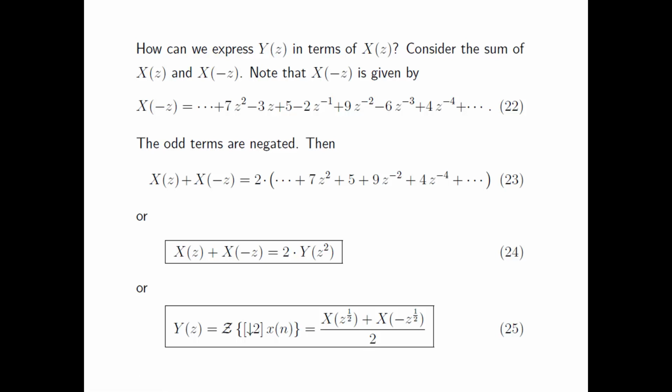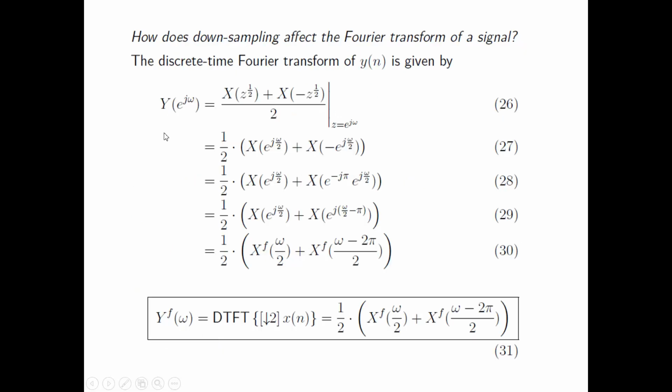If we have to go for the Fourier transform, we will replace z with e to the power j omega. So this equation will be replaced with z equal to e to the power j omega. You do the manipulations further in the equation, and you will get half into x of e to the power j omega by 2 plus x of e to the power j, omega by 2 minus pi, and we can also express this as half Fourier transform x of omega by 2 plus Fourier transform x of omega minus 2 pi by 2.